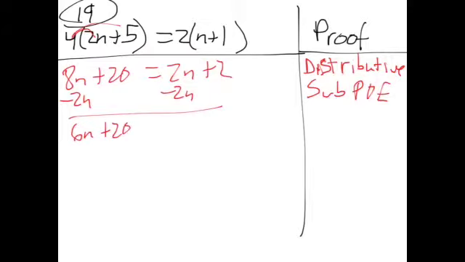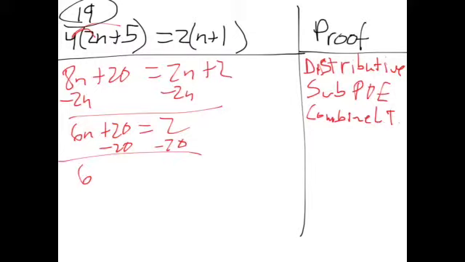plus 20 equals 2, and combining those terms there is combine like terms, and then subtract 20 from both sides and simplify will give you negative 18. So what lets me subtract from both sides is the subtraction property of equality.